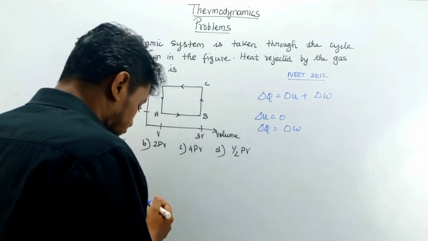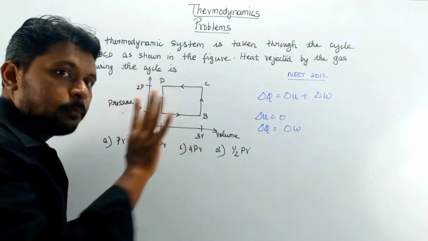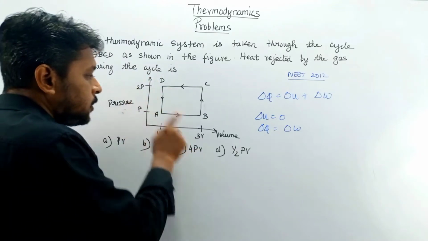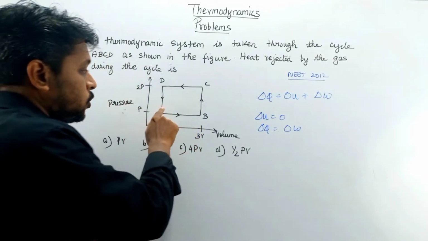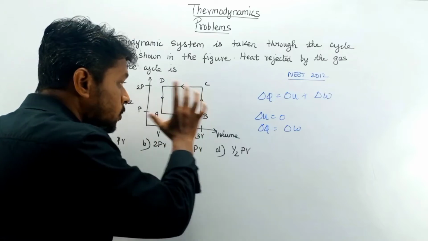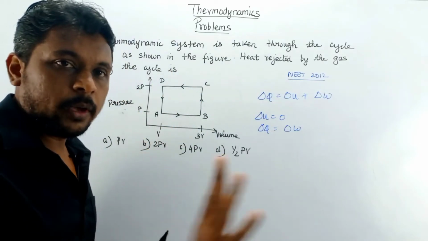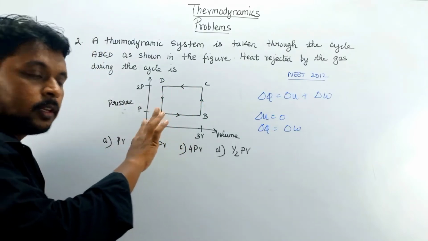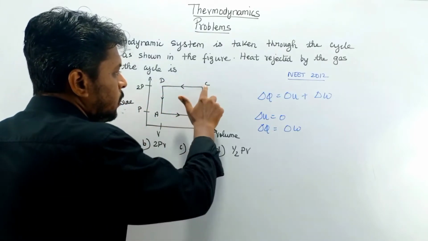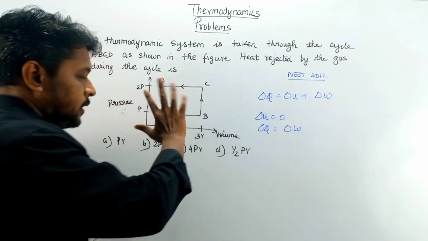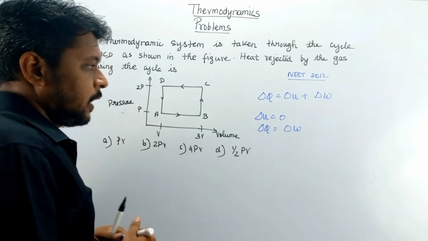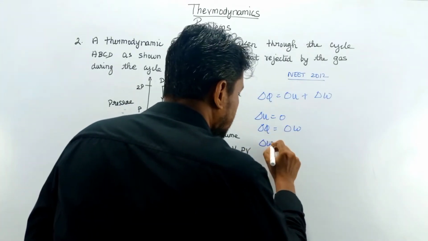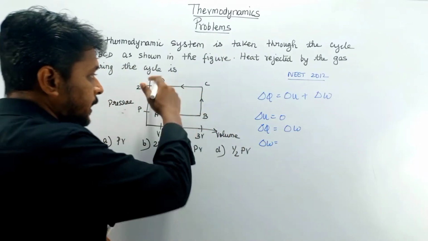In a cyclic process, in this PV diagram, the area enclosed by the closed curve is the work done. Here the area enclosed by this curve is a rectangle. So delta W is nothing but the area of this rectangle ABCD.